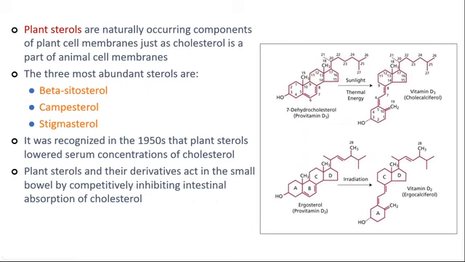And next, coming to the plant sterols, these are naturally occurring. The major plant sterols are beta-sitosterol, campesterol, and stigmasterol. These plant sterols are now gaining importance as nutraceuticals because some of them have been known to bring down cholesterol levels in humans.